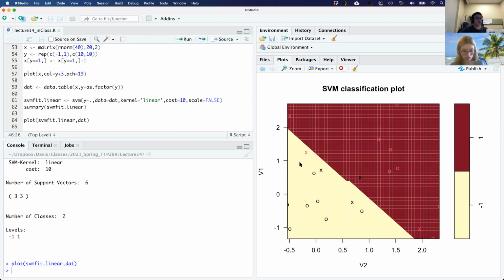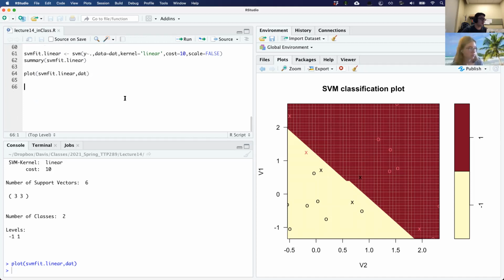And so you could be really conservative, like if you wanted to get circles. So if you wanted to reduce the errors for the circles, you could draw your line in a certain way, or if you wanted to reduce the errors for the X's, you could draw it in a different way, versus if you want to just get the total number of errors. Okay.